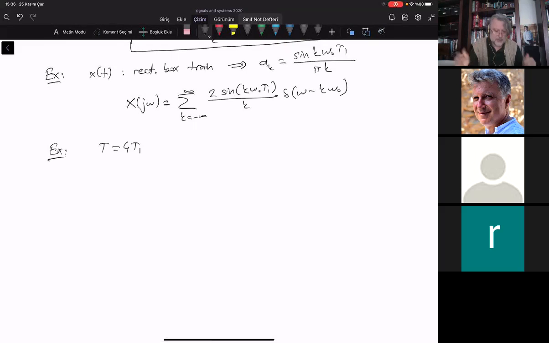Half of it is 1, half of it is 0. Then omega 0 will be equal to 2 pi over 4t1, which is pi over 2t1. Okay, that will be omega 0. And integer multiples of this omega 0 will be the positions of the impulses. I will just draw this as an example.